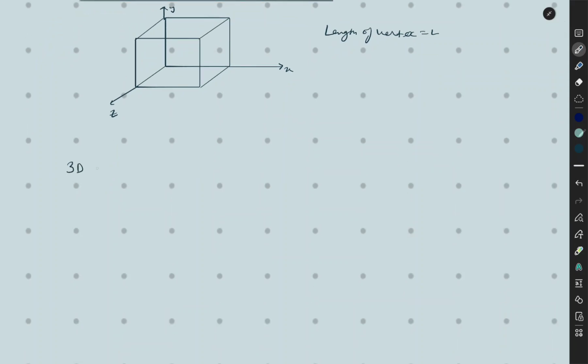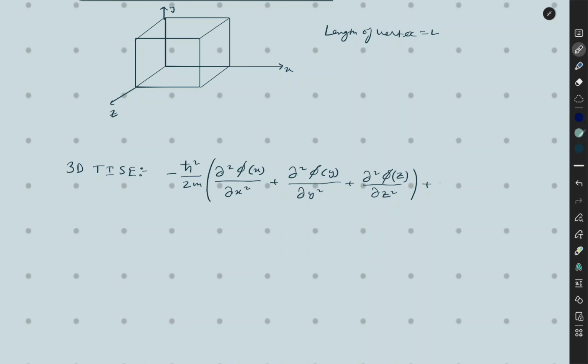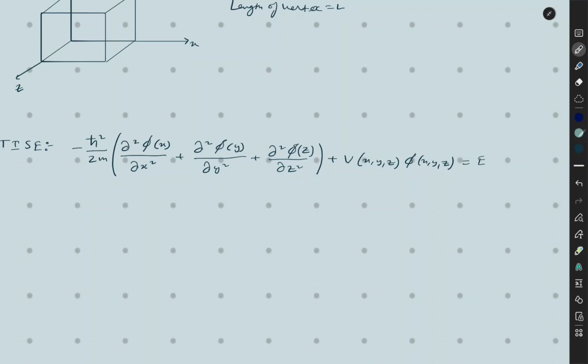So it is minus h cut square by 2m, del 2 phi of x, del x2, plus del 2 phi of y, del y2, plus del 2 phi of z, del z2, plus V of x y z times phi of x y z, will be equal to energy times the wave function.